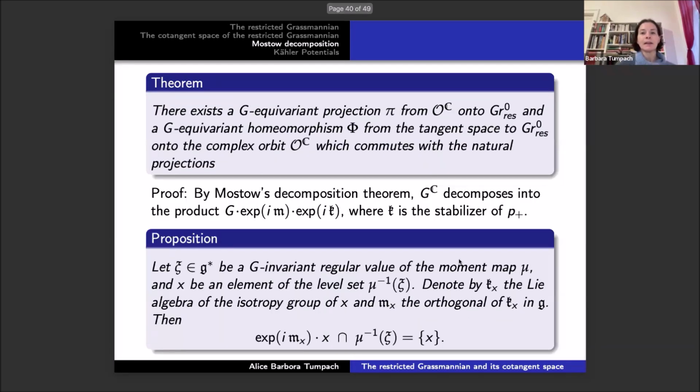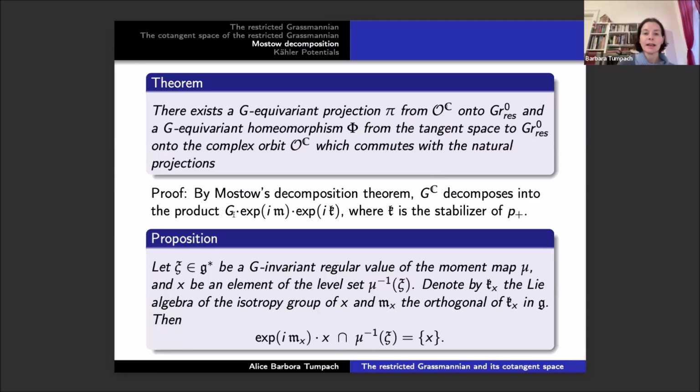What I will need here is simply the decomposition of the complexified group, where the E that was in the slide before is actually i times the stabilizer. For me, K is the stabilizer of the projection P plus, and M is its orthogonal.